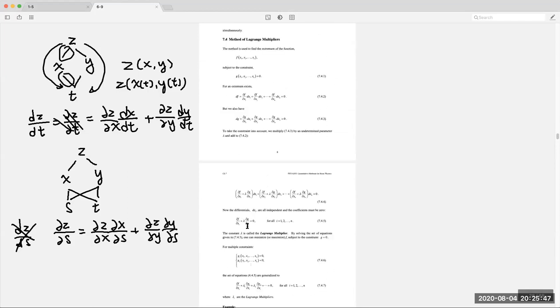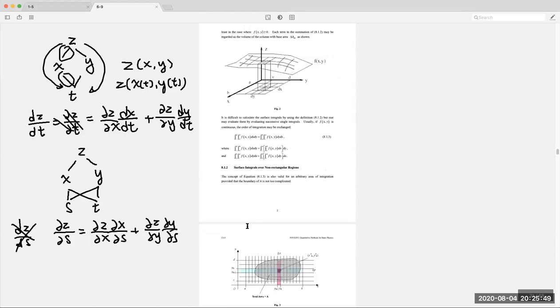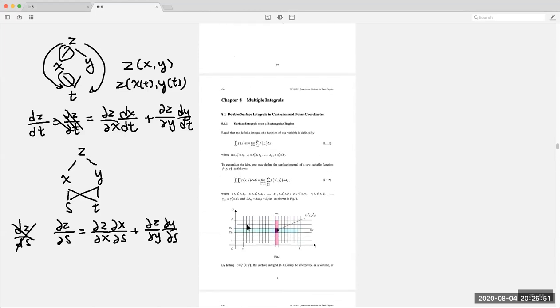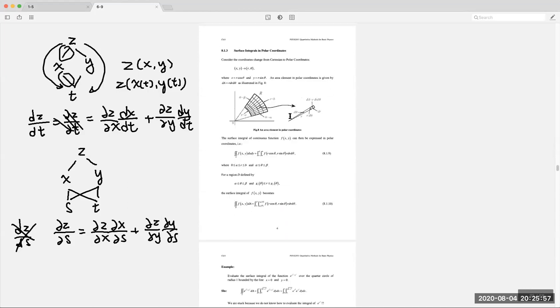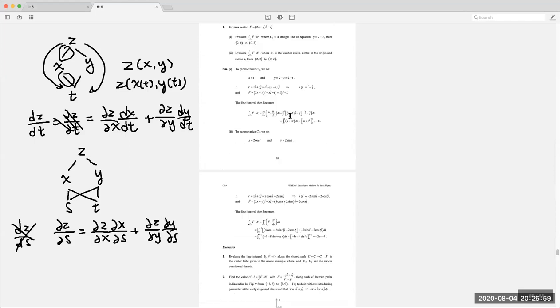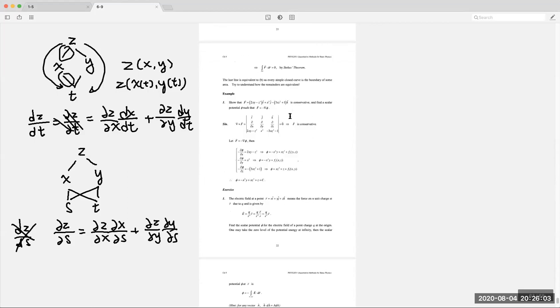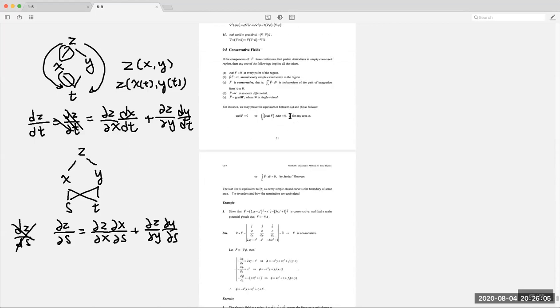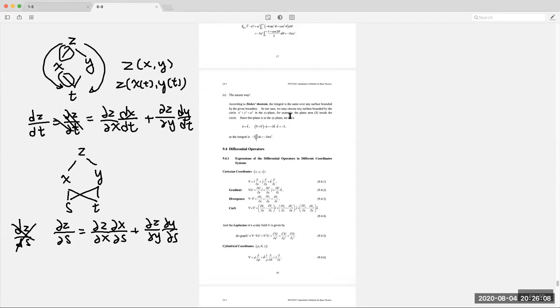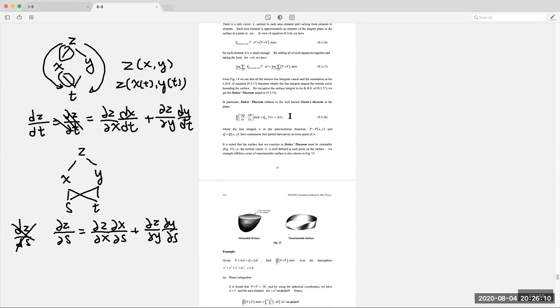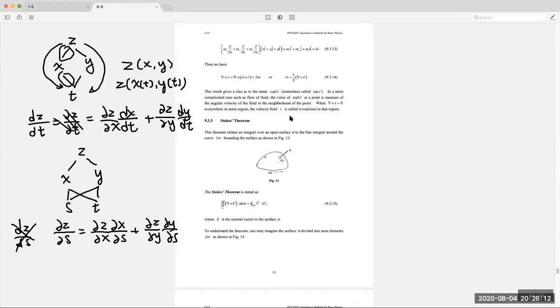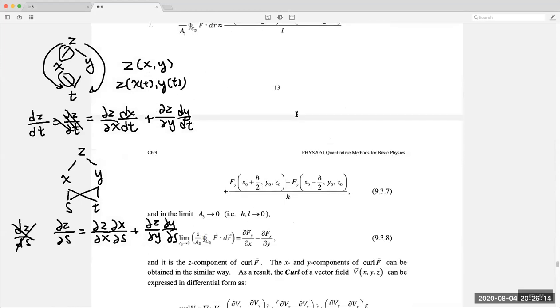The Lagrange multiplier is not that useful here. Actually, this course is really, really tough because you need to learn a lot of stuff. There are nine chapters here, which means that normally they talk about one chapter in one week.